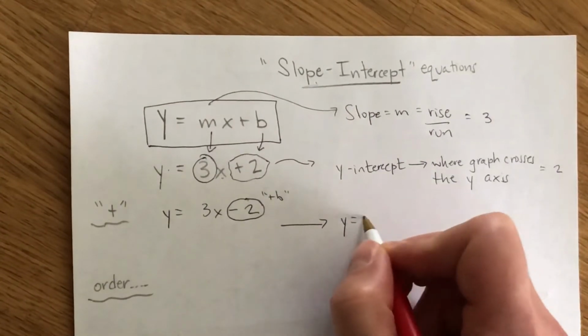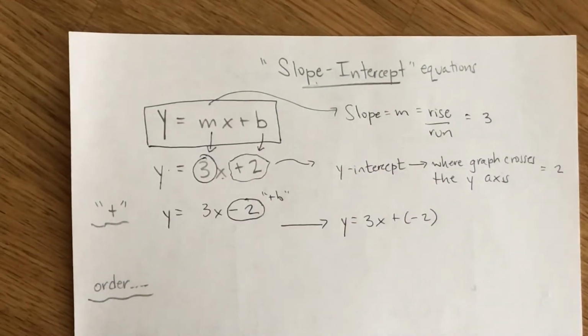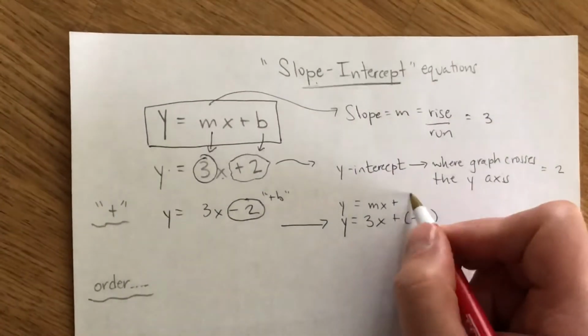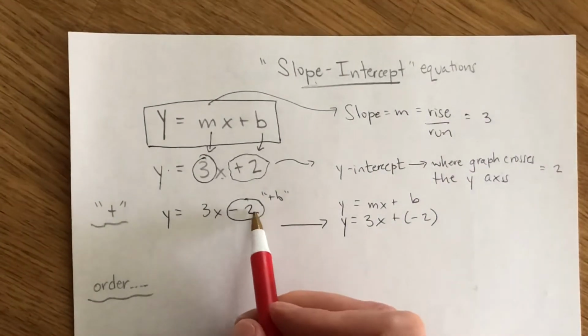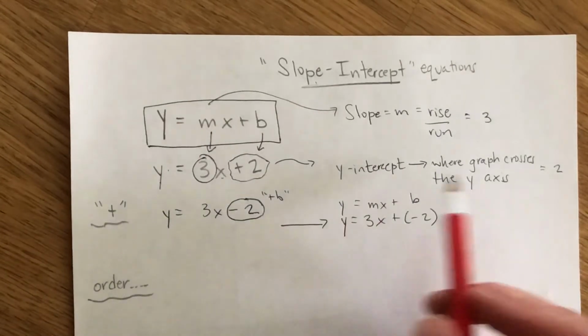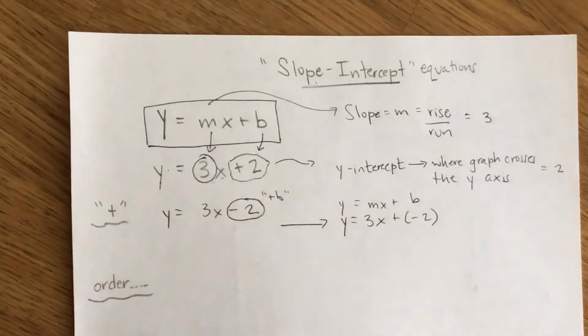So it could be y equals 3x plus negative 2. It still fits the format of y equals mx plus b. When you have a subtraction sign there, it just means the y-intercept, where the graph crosses the y-axis, is at a negative value.